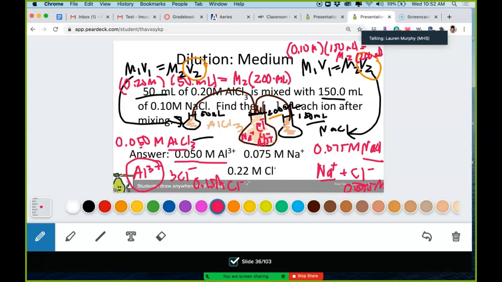Okay, well, there's 2 sources of chloride ions. So the total concentration would be additive. So the chloride ion from aluminum chloride, 0.15 molar, plus the chloride ion from sodium chloride, which is 0.075. And that's going to get you this 0.22 molar of chloride ion, because there's 2 sources of chloride ions floating around in there. Aluminum is contributing chloride and so is the sodium.